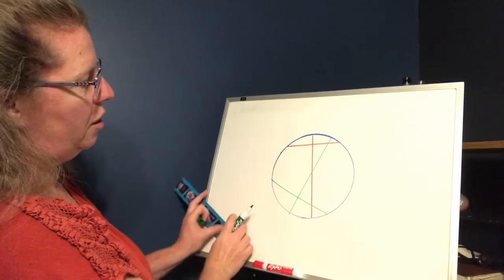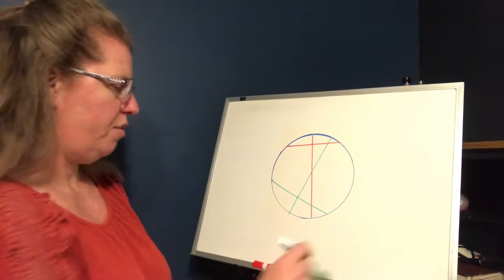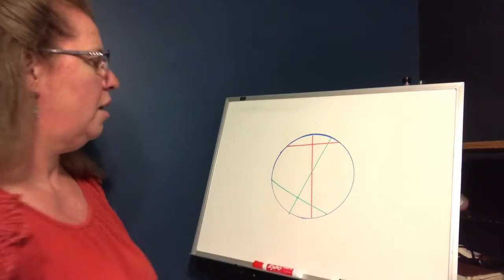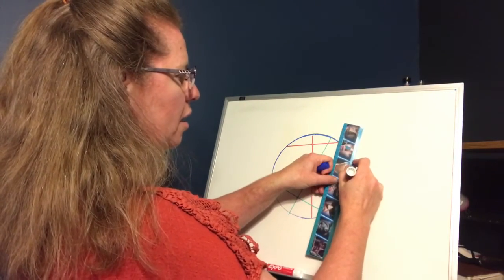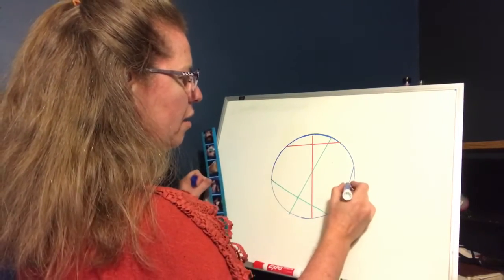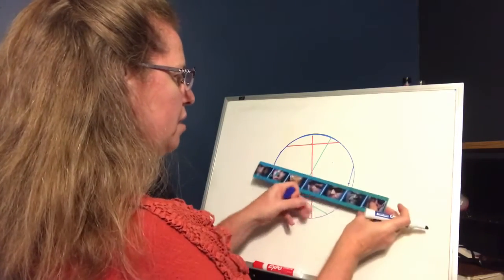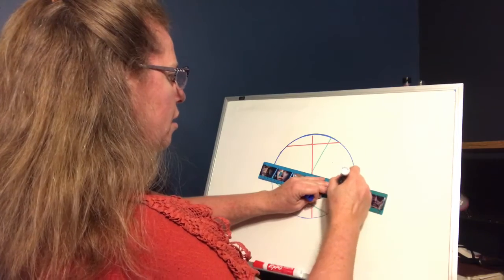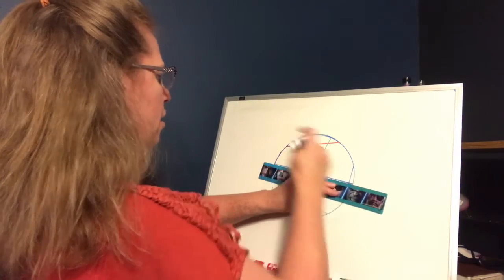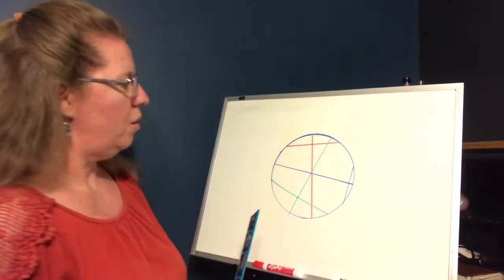Okay, that's pretty close. Let's try one more, see if we can find something in common here. Let's do a straight line. Okay, perpendicular bisector. Okay, that's not too bad.